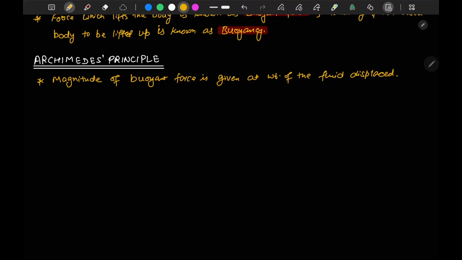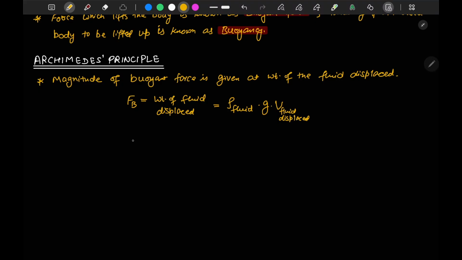So I can write that Fb is equal to weight of fluid displaced, and this can be written as density of fluid into g into volume of fluid displaced.